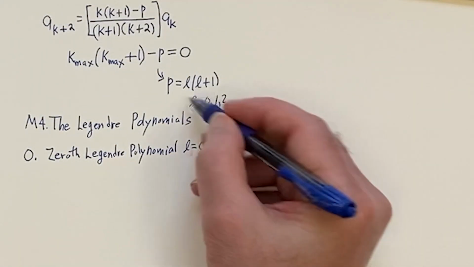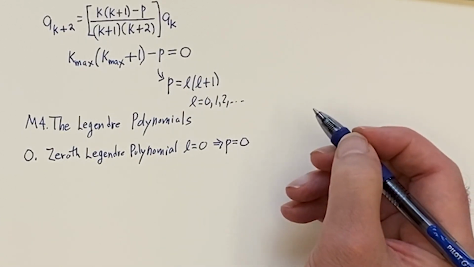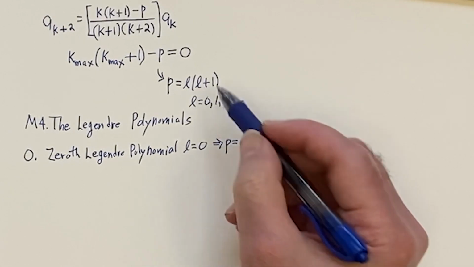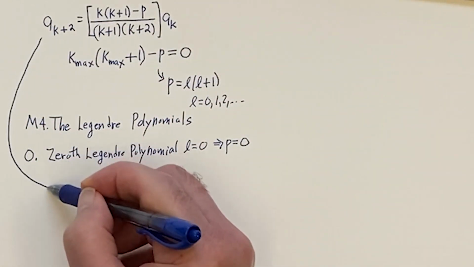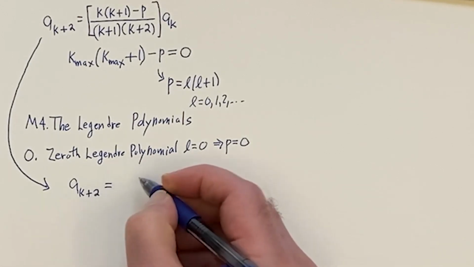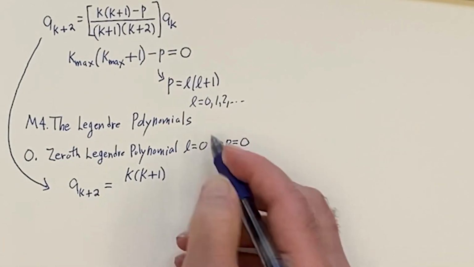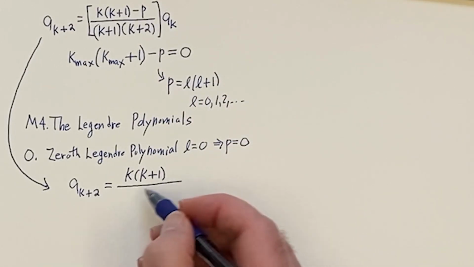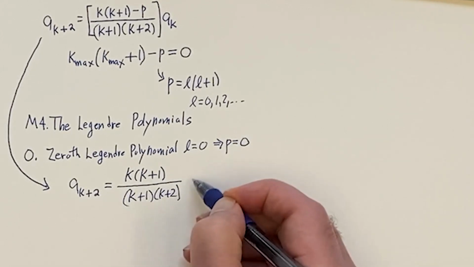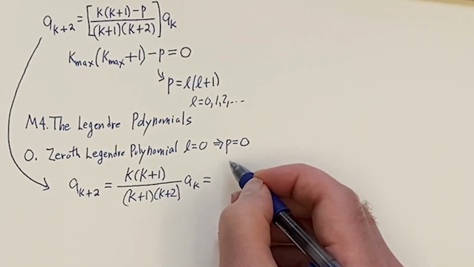So where l is equal to 0, then that means p will be equal to 0. If p is equal to 0, then I can go to this equation up in here and write a sub k plus 2 is equal to, in the numerator, k plus 1. And since the p is 0, that's all I have up there. k plus 1, k plus 2. And there's an a sub k here. Notice that we'll get some cancellations going on in here.